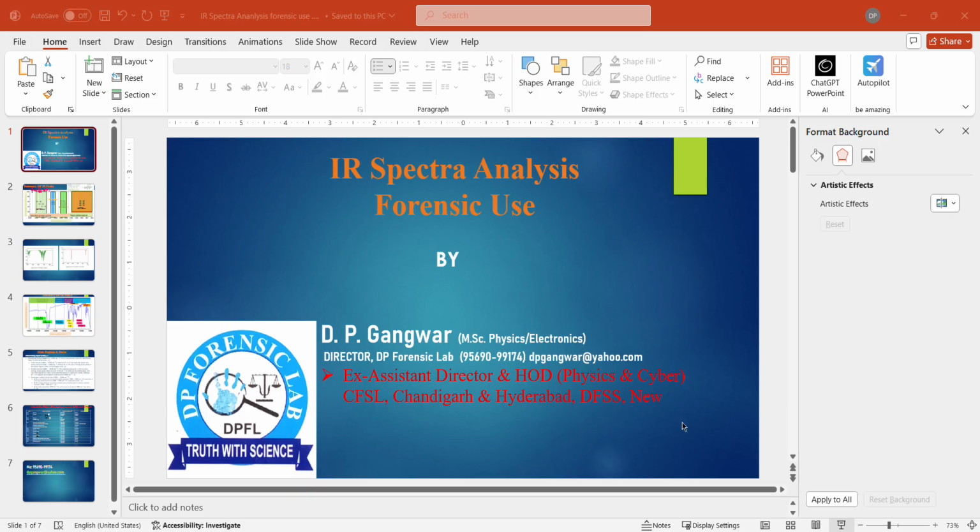So keep in mind which type of material we are going to analyze. And the NH group comes at 3300 to 3500 centimeter inverse, and CH is around 3000 centimeter inverse for sp3 hybridization, and above that for sp2 hybridization. So these are the details. Whenever we are going to compare or identify materials, these peaks are very important.